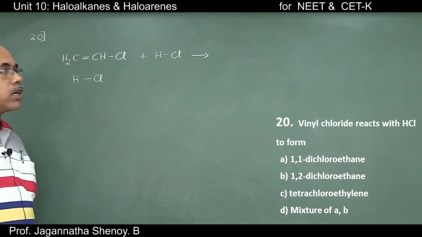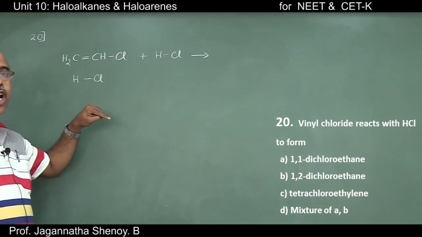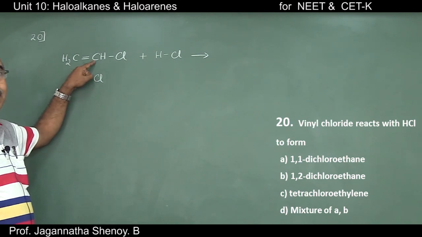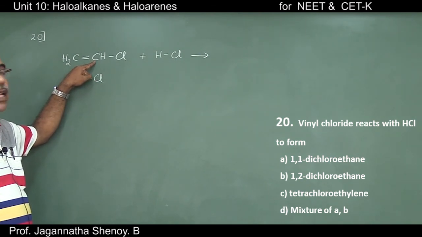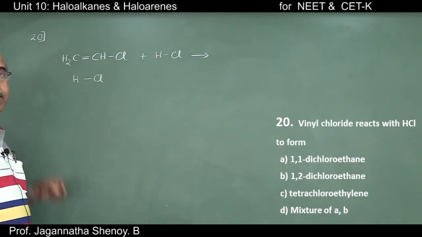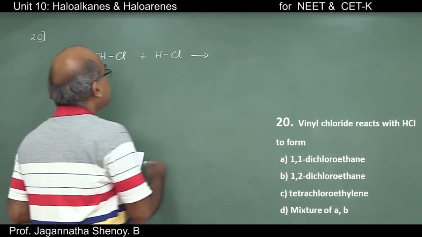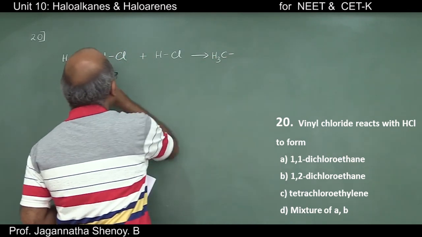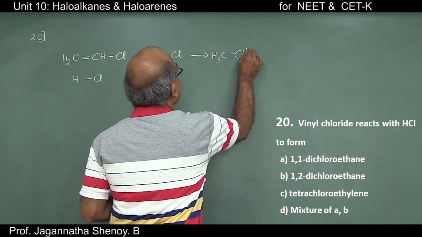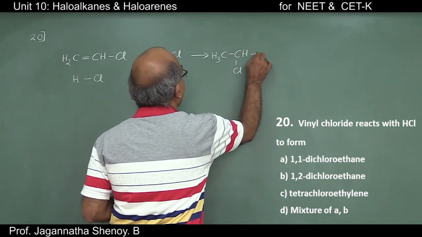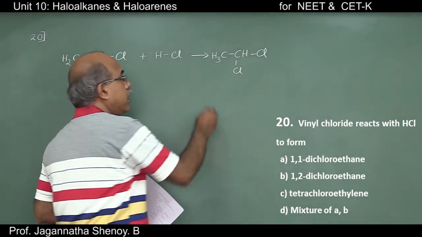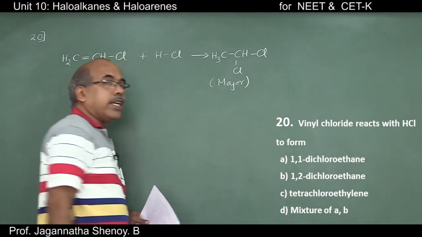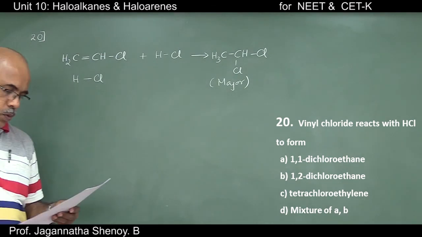So according to Markovnikov's rule, the major product is obtained by connecting the chlorine atom to this particular carbon atom. And hydrogen should go to this carbon atom. So the major product that we get is CH3, double bond becomes single bond, and CH single bond Cl and single bond Cl. This is the major product that is obtained according to Markovnikov's addition rule.